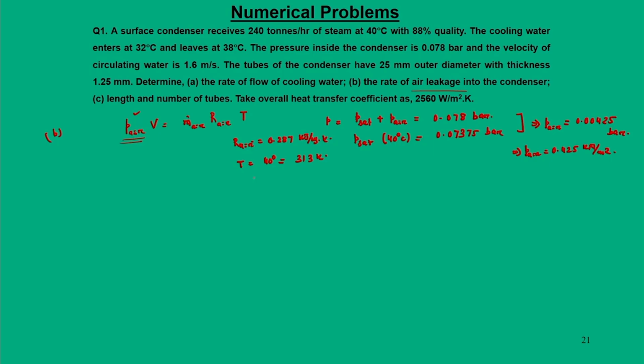Volume is already calculated, that is m dot s into V2. Putting these numbers in, what we get is 0.425 into 66.66 into 17.2 is equal to m dot air, which needs to be calculated, 0.287, that is R air, into 313.